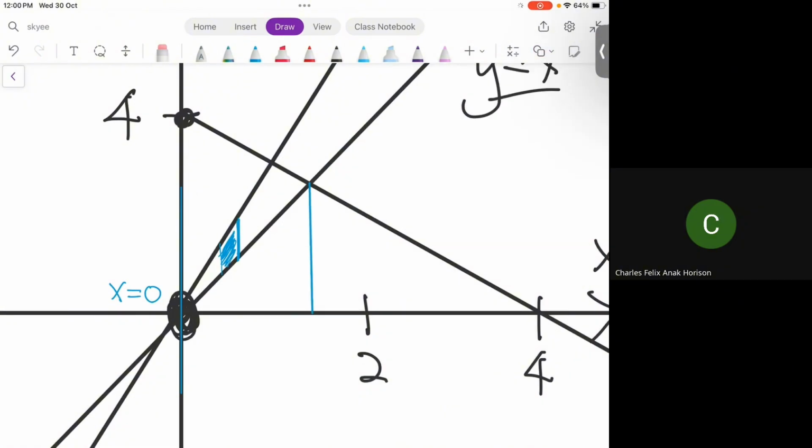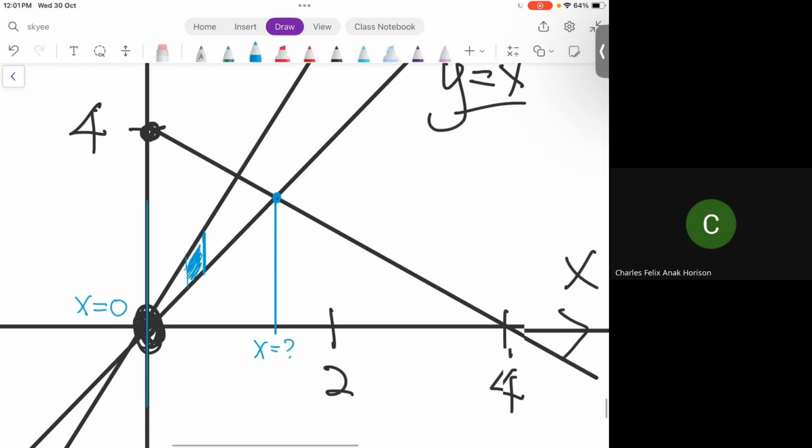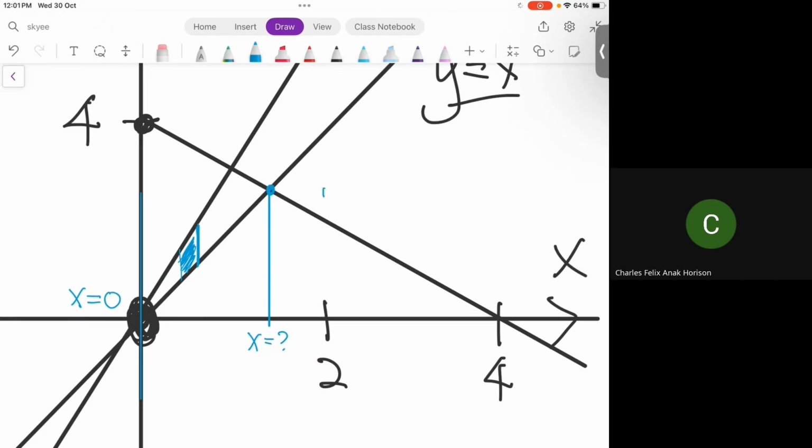So at this position, I have no idea what is the x, but I know that this is the intersection point between y equals to x and one more, x plus y equals to 4.